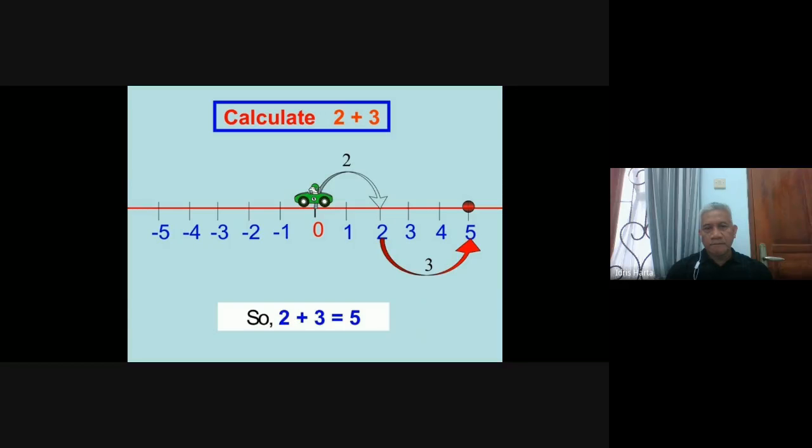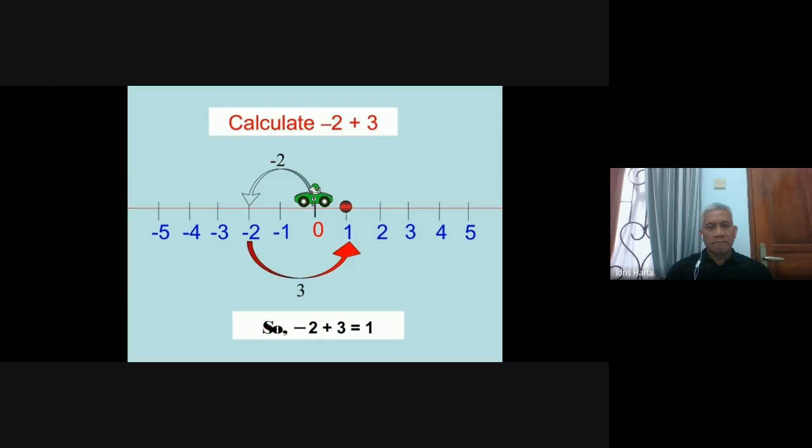The example, 2 plus 3. From 0, we must go forward to number 2, plus 3. So 2 plus 3 equals 5. The example again, calculate negative 2 plus 3.